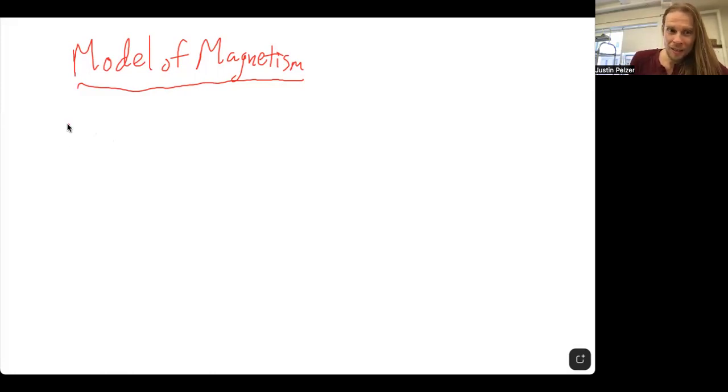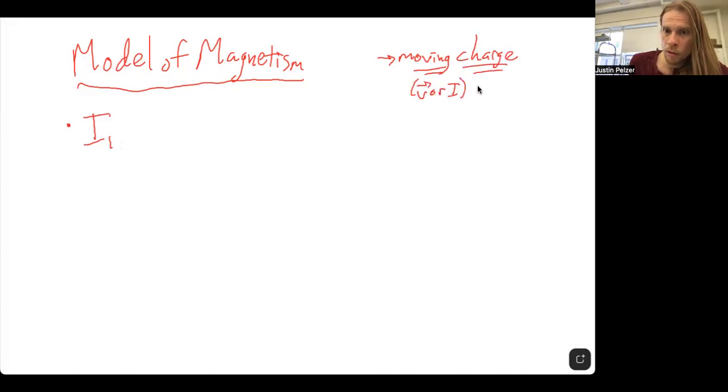The whole concept of the field theory is that a current, call it I1, through a wire. Remember, a current is the flow of charge. So moving charge. Notice those two words, moving as in velocity or current. Both of those are a vector. Charge as in Q. Moving charge creates a magnetic field.